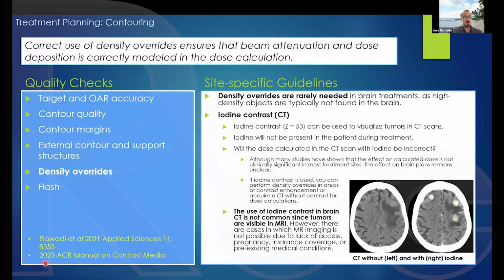And the most recent ACR manual on contrast media gives you lots of updated and recent information. I can tell you that it's very important to read this one, because I was very surprised. I had always been taught that you shouldn't be treating patients with kidney function issues with contrast, and they're actually telling you the opposite. So definitely something to look at, okay?